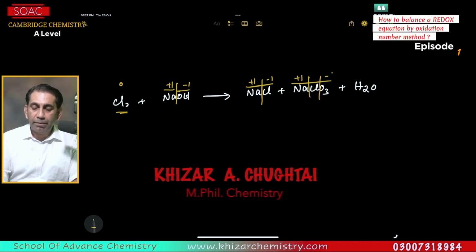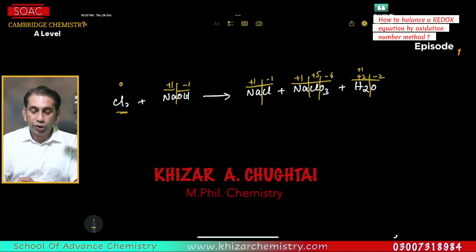For oxygen, it will be -6 because one oxygen is equal to -2, it's fixed. And to make the sum equal to 0 in NaClO3, we will mark +5 over here. In case of H2O, one hydrogen is equal to +1. But here are two hydrogens, so I will write +2 over here, and for oxygen -2 over here.